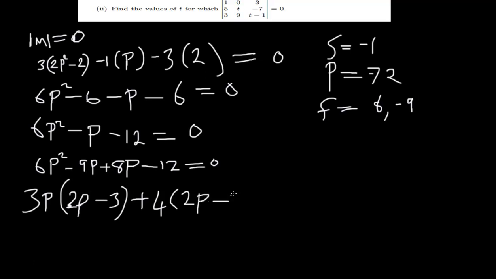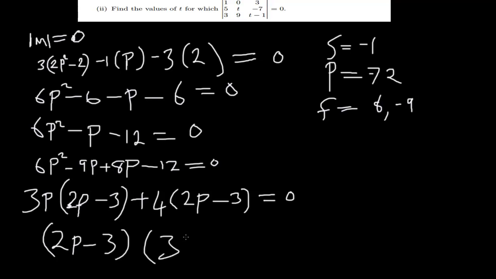Then minus 3, close brackets, is equal to 0. Then from there you say 2P minus 3 in brackets like that, and then 3P plus 4 in brackets is equal to 0.